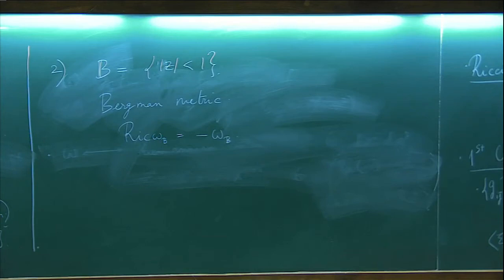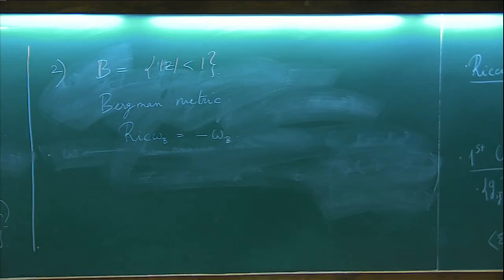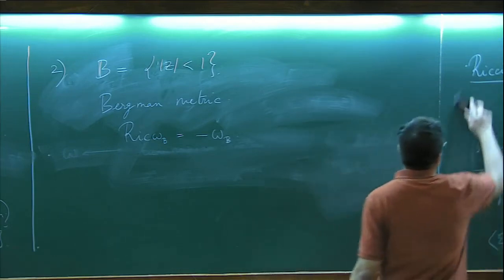Of course, the difference here is that the previous one is a compact example, this is a non-compact example, but you can always take quotients by groups, right? So for instance, in complex dimension one, these are all essentially quotients of the disk, right? With the hyperbolic metric.